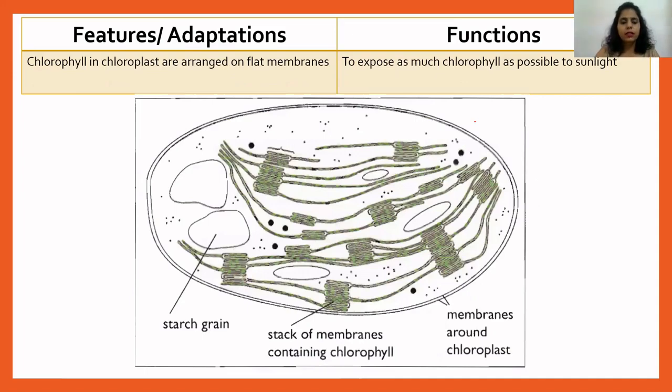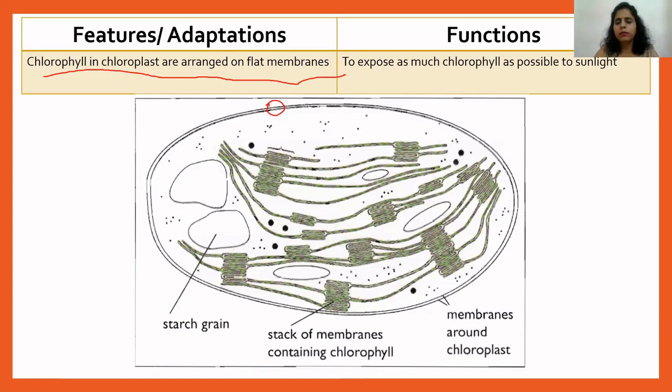The next feature is about the chlorophyll molecule. The chlorophyll molecules in the chloroplast are arranged on flat membranes. Not in detail, but you have an overview of the structure of the chloroplast. It has two membranes, outer and inner.